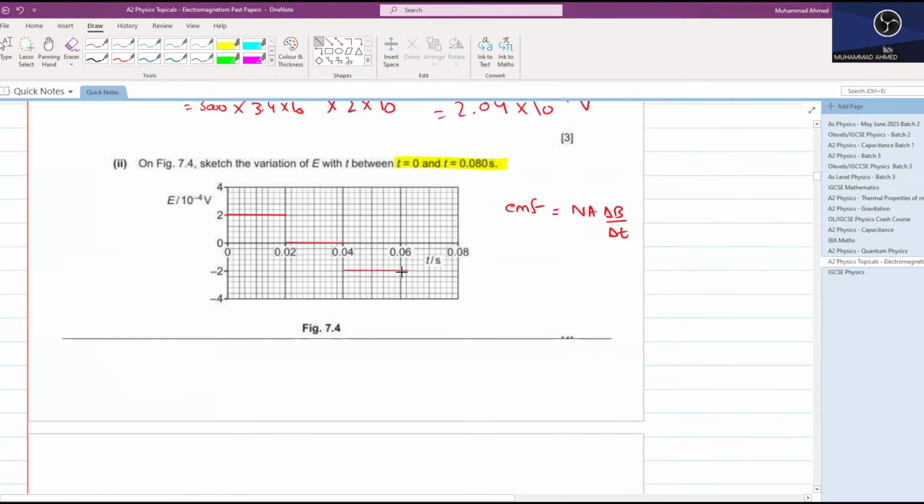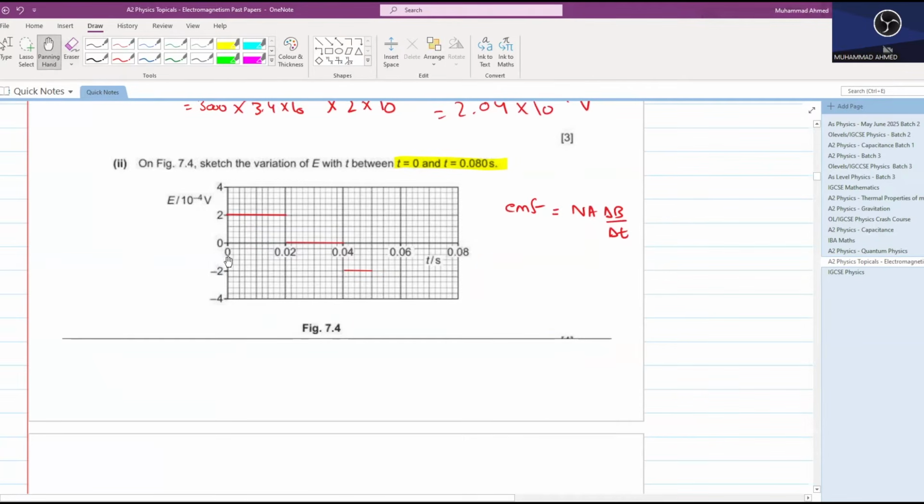Now, an intelligent student will ask, sir, why have you drawn it of the same value? Why have you specifically chosen minus 2 as your negative EMF and not any other value? That's a very good question.